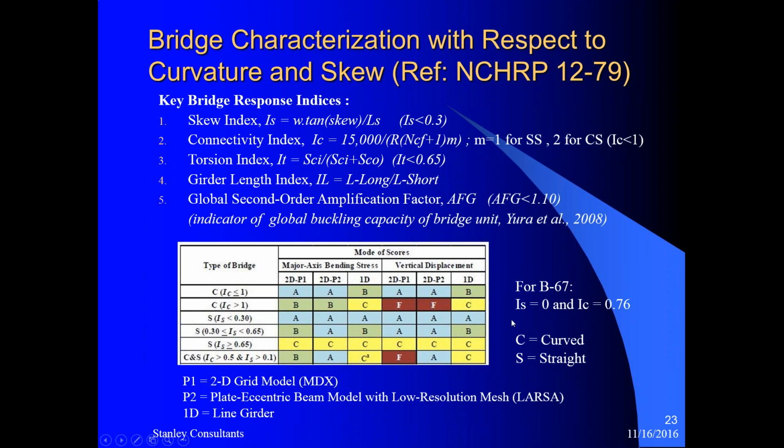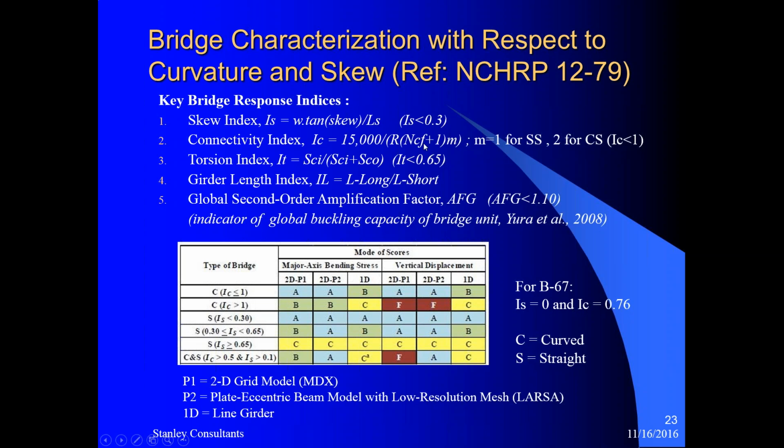bridge, curved bridge. Here, for example, if the connectivity index is more than 1, then these methods start accumulating error. So, in fact, the vertical displacements received an F. So they lose their accuracy quickly.